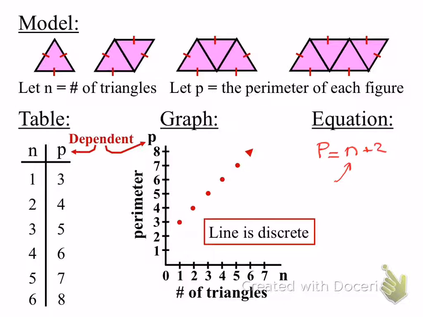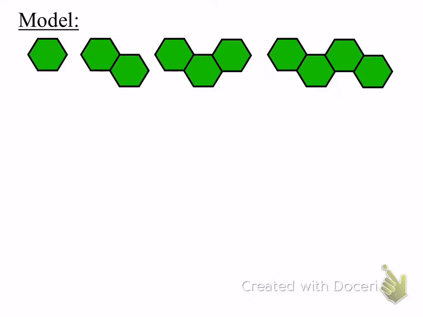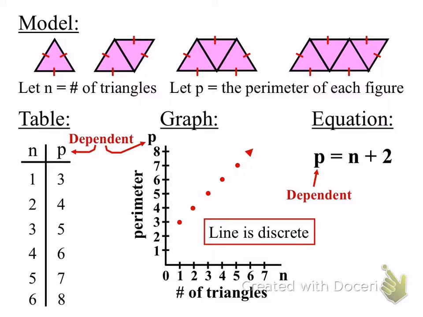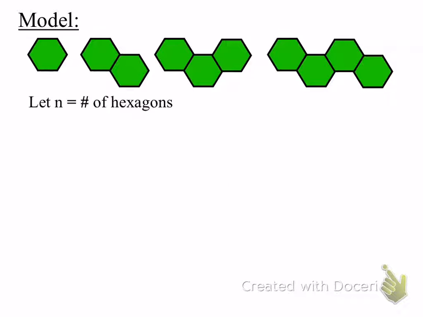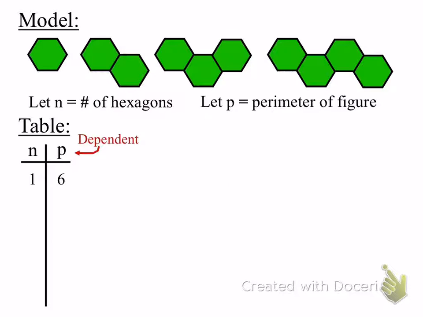It's like a number machine. I input 3 triangles, I get out 5 perimeter. Does that make sense? Okay, so that's my dependent, my n is my independent. I'm going to skip this example, and if we have time, we'll come back here.